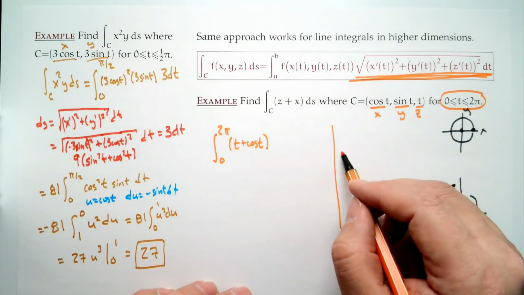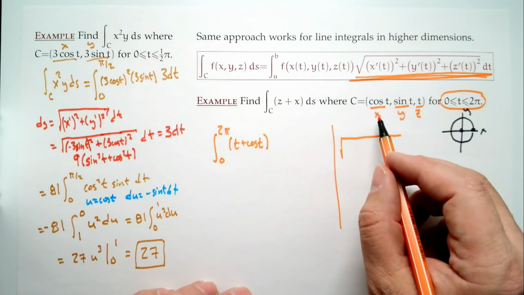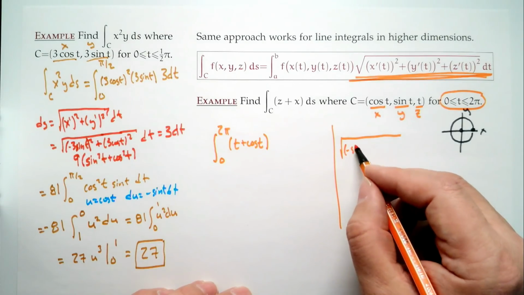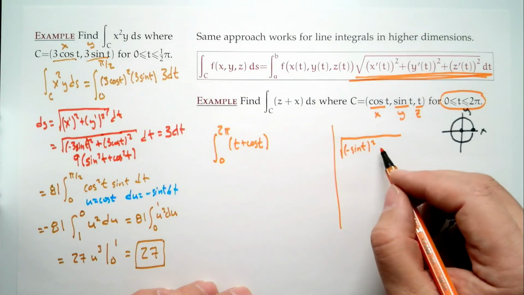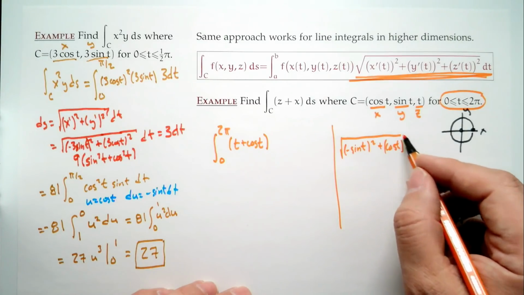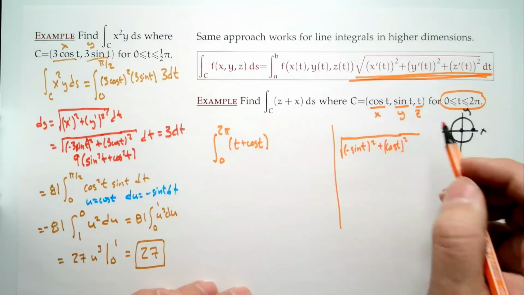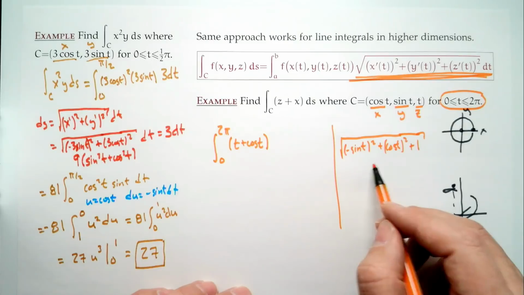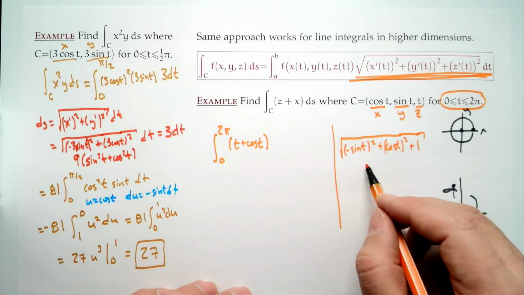Okay, so we'll have the square root of, what's x prime? Negative sine. What's y prime? Cosine. Of course, we're squaring those. And what's z prime? 1. What does this become? Square root of 2.